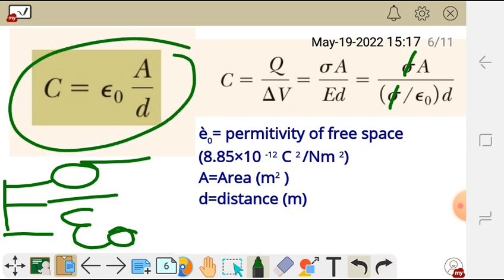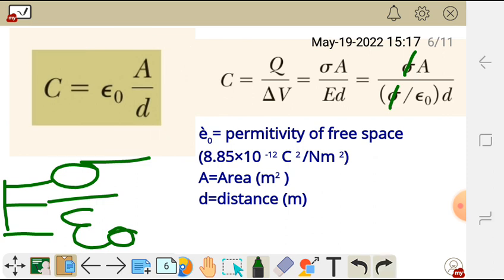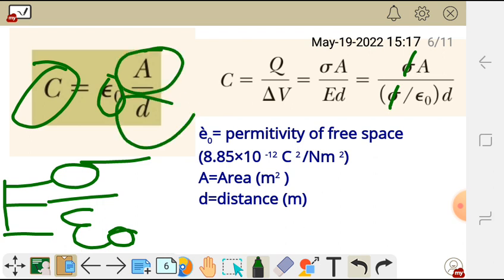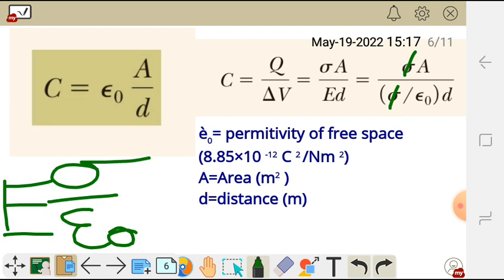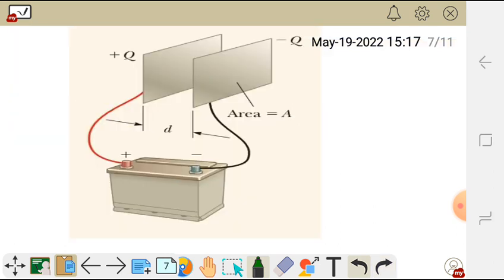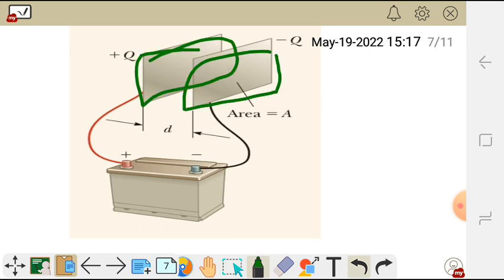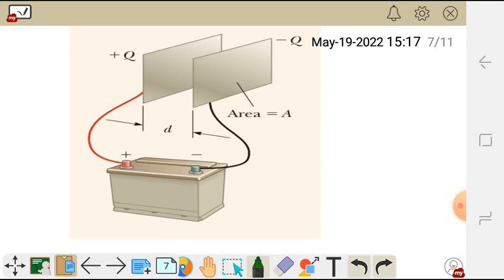So that's what the formula is saying: capacitance is equal to permittivity of free space multiplied by area divided by distance. That is another formula you can use to calculate capacitance. If you have a capacitor like this one, we simply divide the area by the distance which separates the two plates.